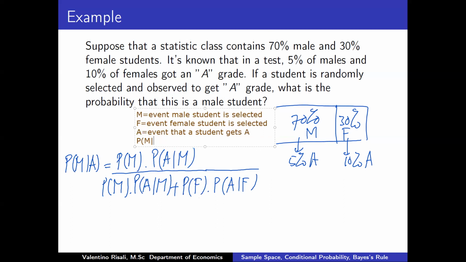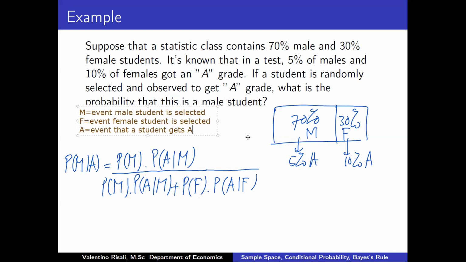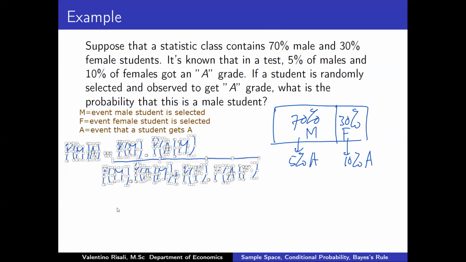For the first one, what is the value of P(M)? The probability that a male student is selected. P(M) is equal to 70%, or 0.7. Please continue it, Owen. And then the probability of A given M is 5%, because given that the student is male, what is the probability he got A?